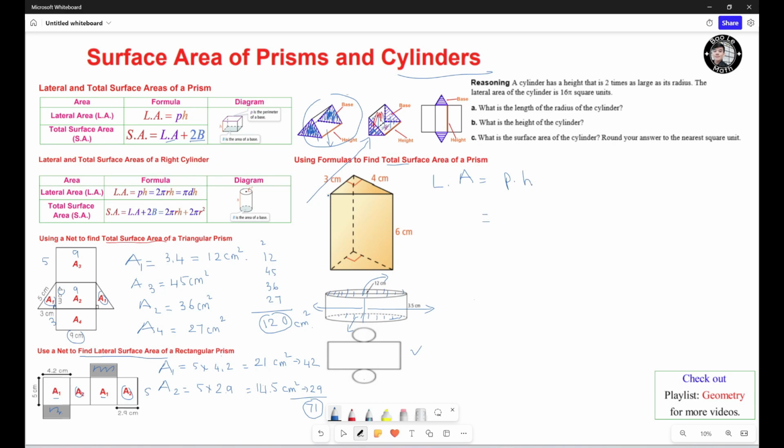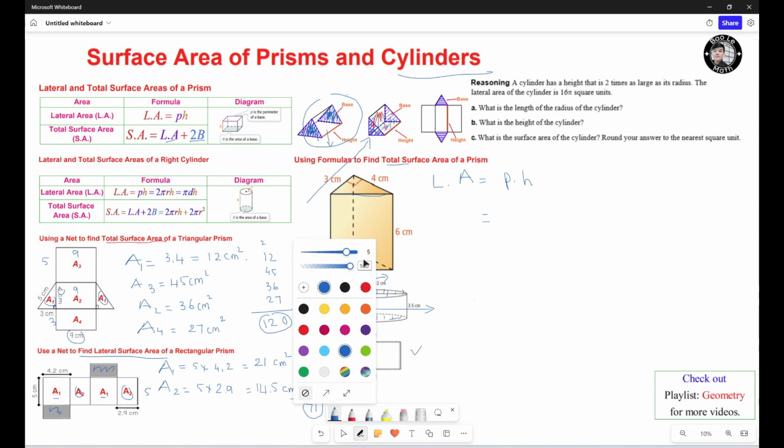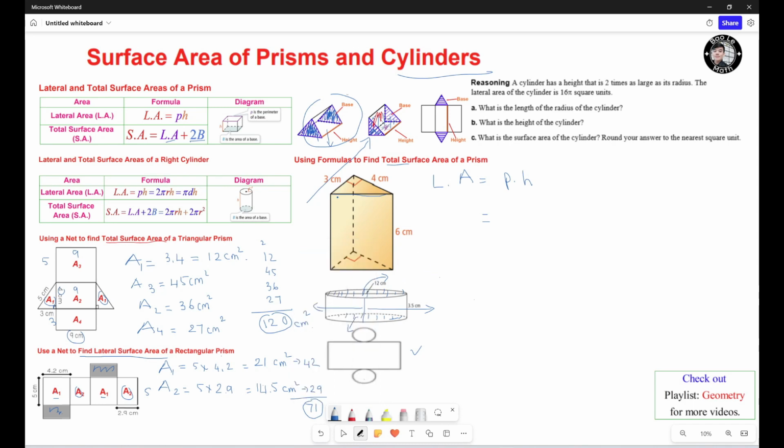Perimeter. Alright, so look at this triangle right here. We use the Pythagorean theorem to calculate the side length right here. Alright. So this is 3, this is 4, this must be 5. If you use the Pythagorean theorem, it should be 5 centimeter.